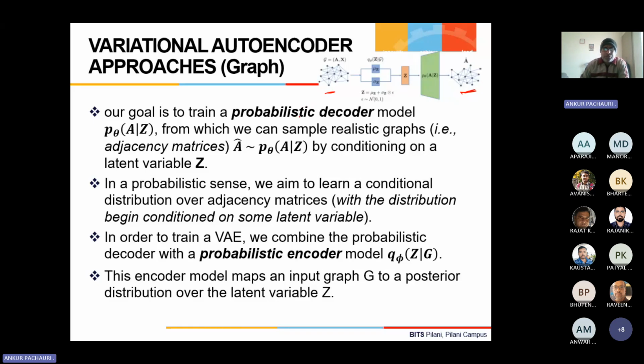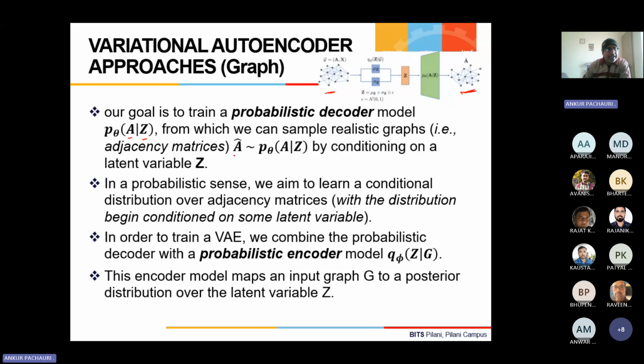So our main task is to train p theta (A given z), that is, to train the decoder which can reconstruct the adjacency matrix from the latent space or latent variables, from which we can sample the realistic graph.